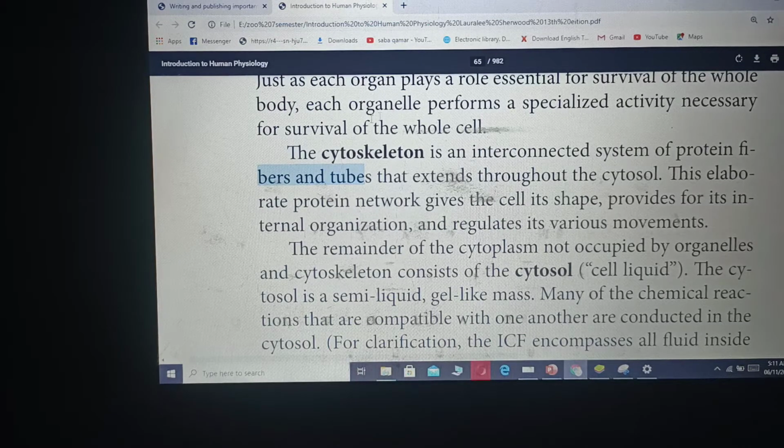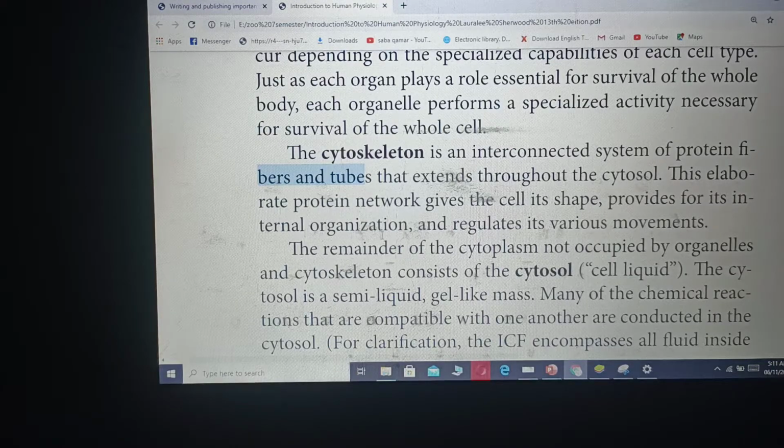Actually, cytoskeleton plays an important role inside the cell to support different components of the cell. They are involved in the internal organization. They are also involved in the movement of different components of the cell, and in the regulation of various kinds of movements, such as amoeboid movements as well as cyclosis movements.